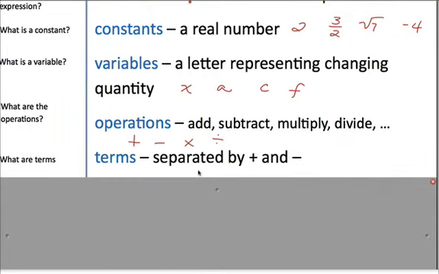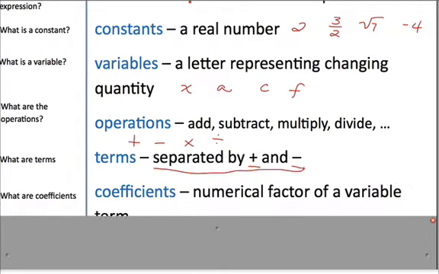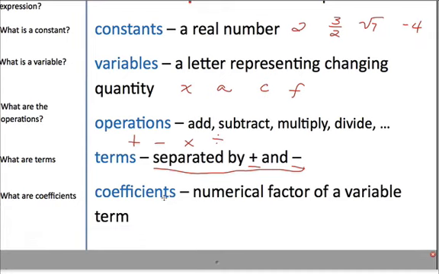Then we have terms. Terms are always separated by pluses and minuses, or addition and subtraction, not by multiplication or division. So pay really close attention to this, and then we'll look at some examples of how to determine what the terms are. And then our last one is a coefficient.